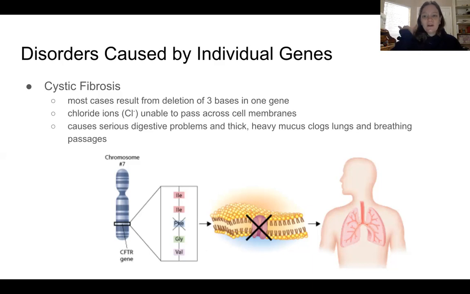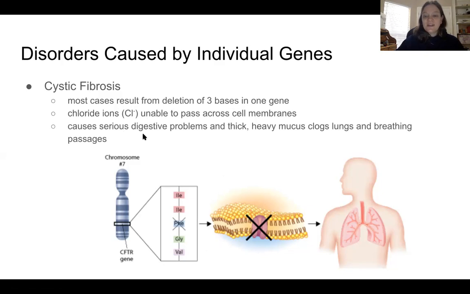And then you can get ear infections and it can cause all sorts of problems. So people with CF are very susceptible to bacterial infections in their lungs because they have this mucus that they can't clear out, because these chloride ions aren't able to pass across the membranes of their cells. All because they have one amino acid missing from this protein.